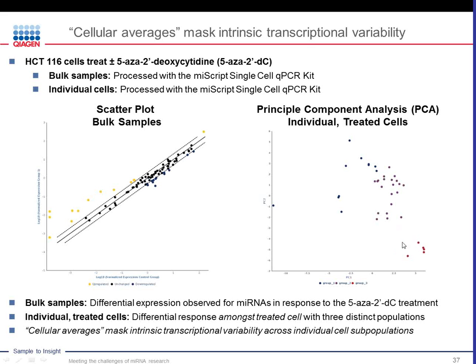And as you can see, you have clustering of individual cells, meaning that there's a differential response amongst treated cells with 3 distinct populations. And what this suggests is that cellular averages can often mask intrinsic transcriptional variability across individual cell populations.